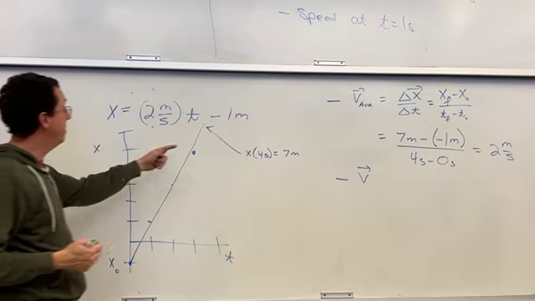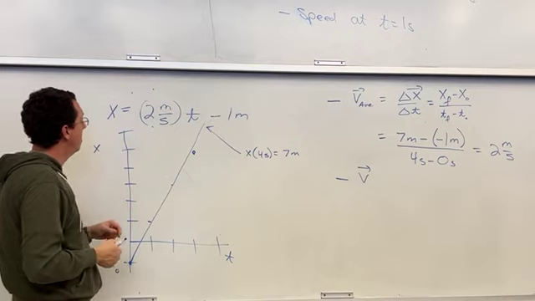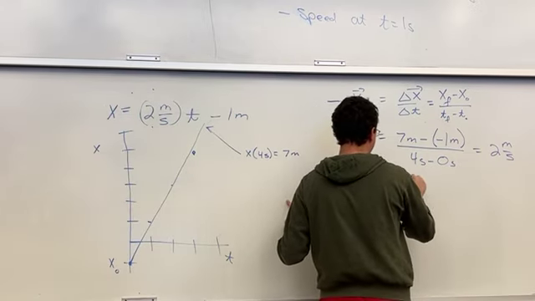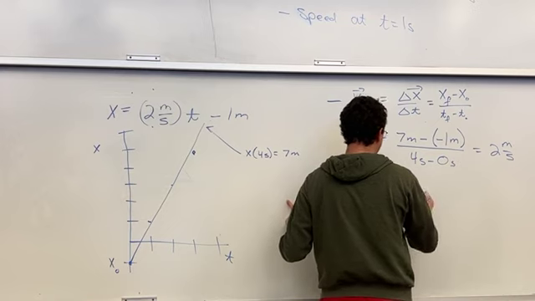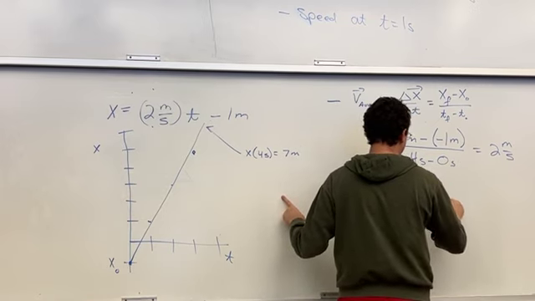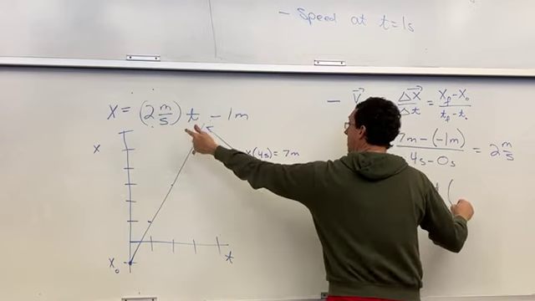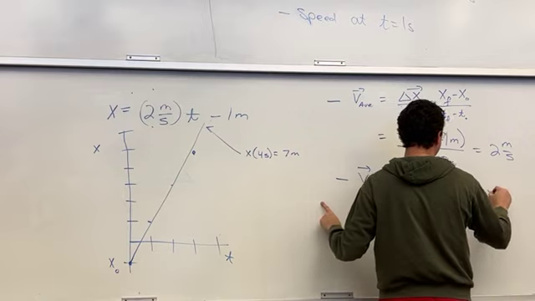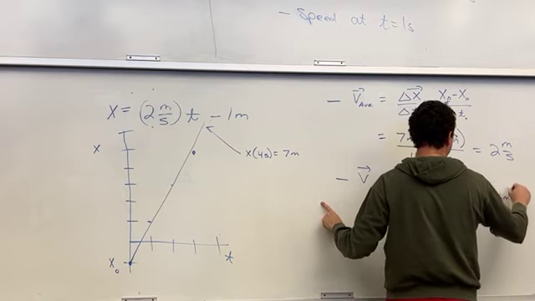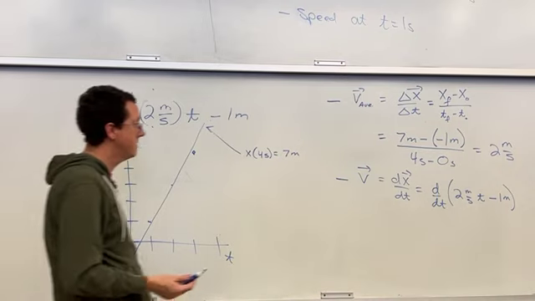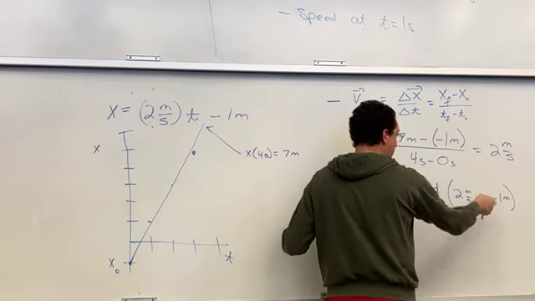Well, I need to take a derivative. So here's dx/dt. So that's going to be the derivative acting on this expression, 2 meters per second times t minus 1 meter. Take the derivative.